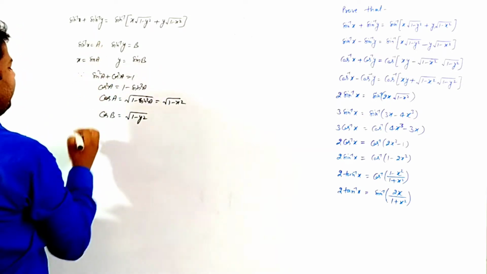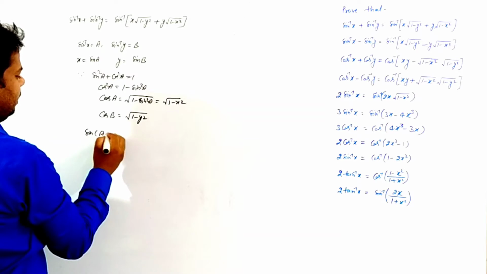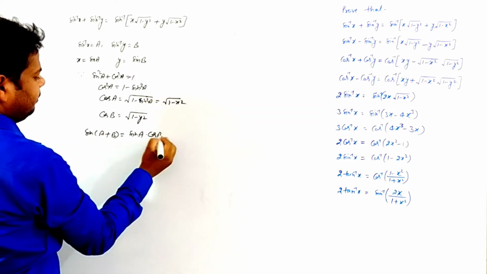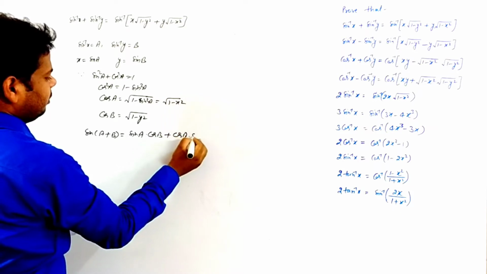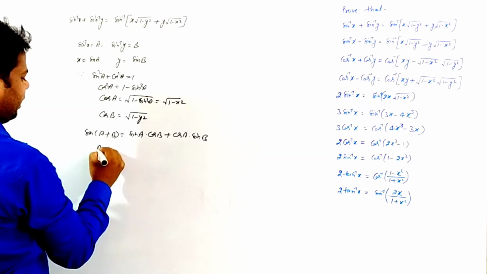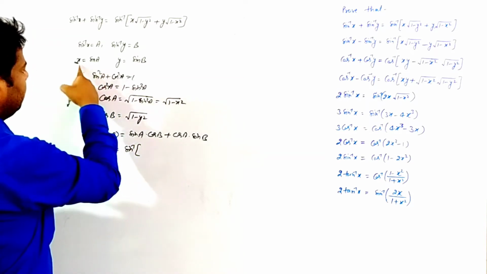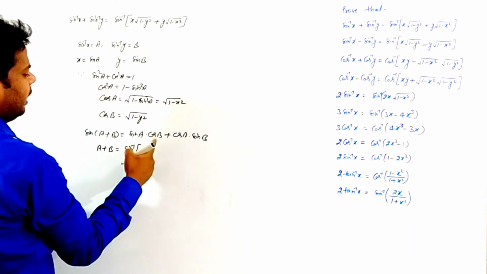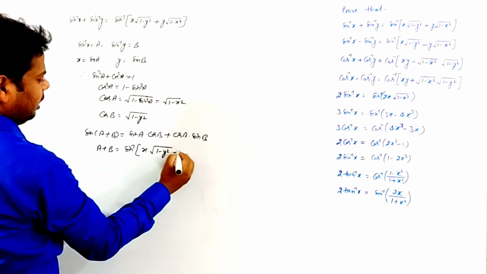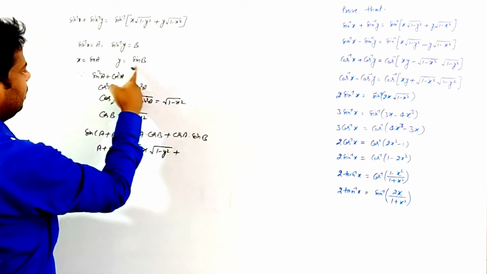But we have a formula sin a plus b is equal to sin a into cos b plus cos a into sin b. Sin goes to the RHS, then we can write a plus b is equal to sin inverse of: sin a is equal to x, cos b is equal to under root 1 minus y square, plus cos a is equal to under root 1 minus x square, and sin b is equal to y.